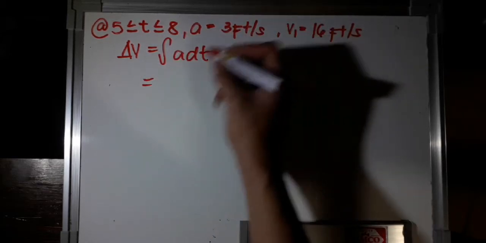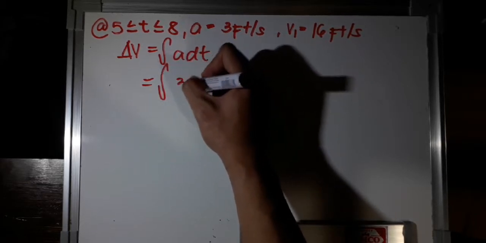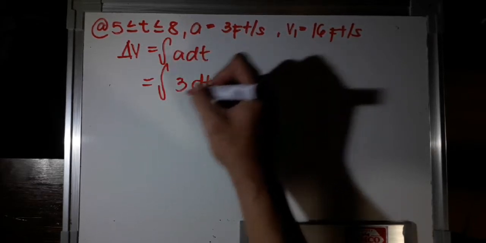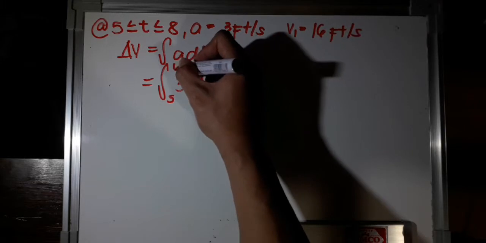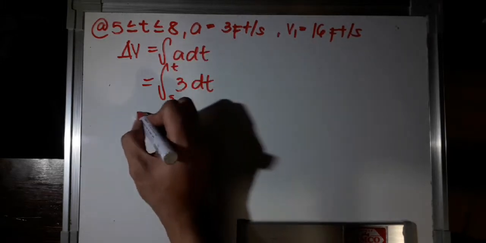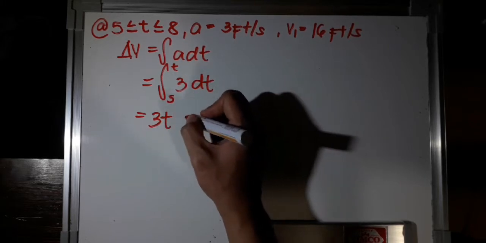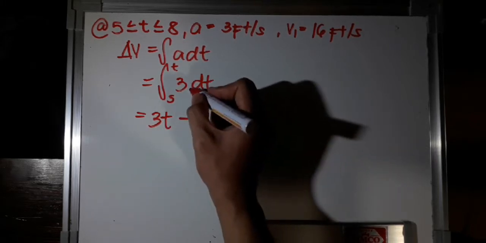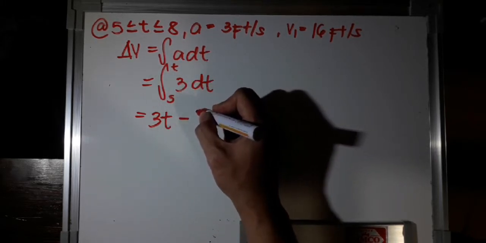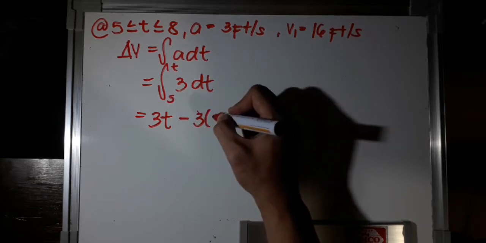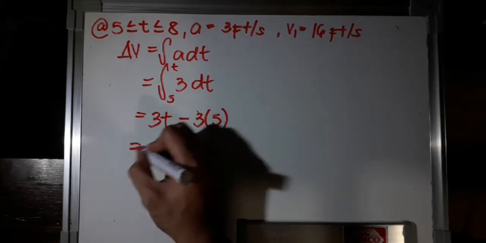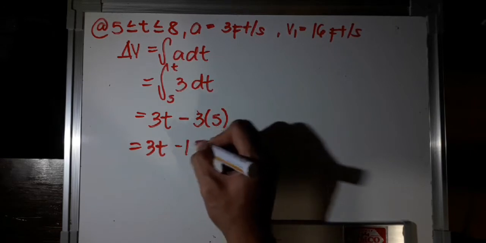So again, the value of acceleration, which is 3, dt limited to 5, and then t, which is unknown. So integrating, we have 3t minus 3 multiplied by 5 seconds. So we have 3t minus 15.